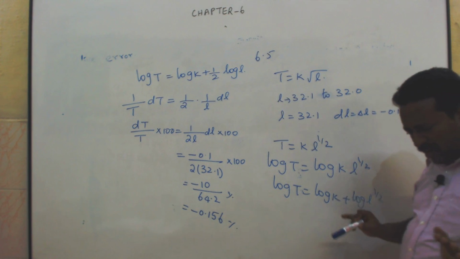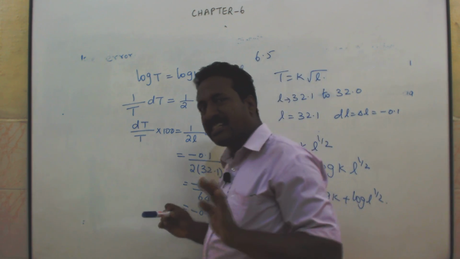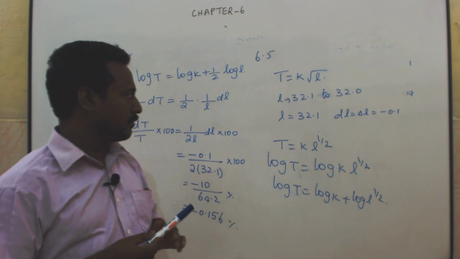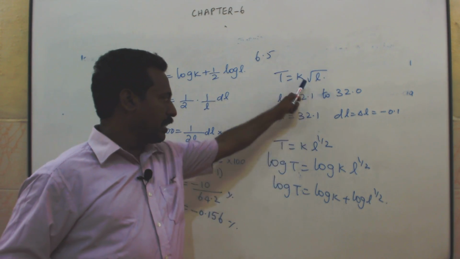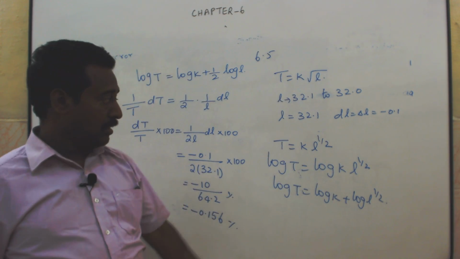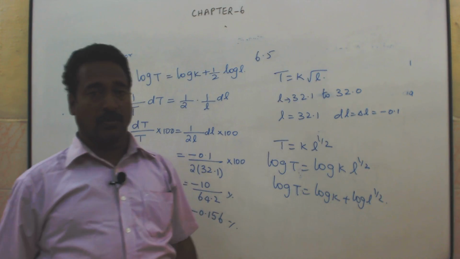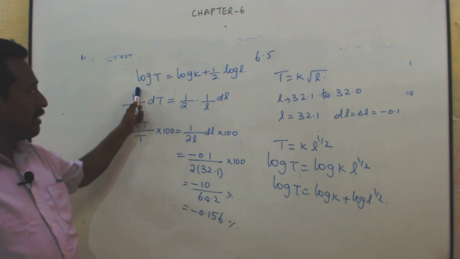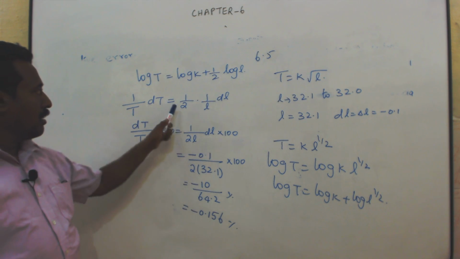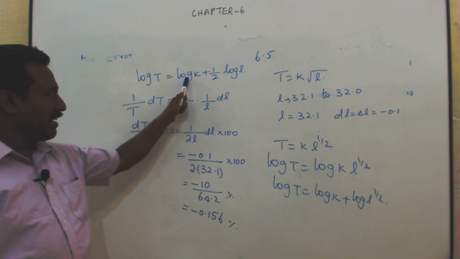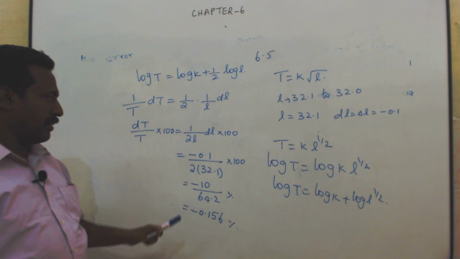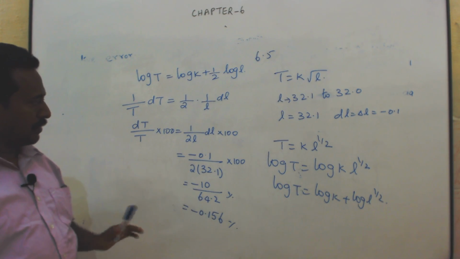Only relative error or only percentage error, the easiest method is taking log on both sides, then differentiate. That is the easiest method. K root L means L power half; taking log on both sides, log of multiplication becomes plus, then log T equal to log K plus half log L. Differentiate: log K is constant, 0; 1 by 2, 1 by L dl, multiply by 100, you get this result.